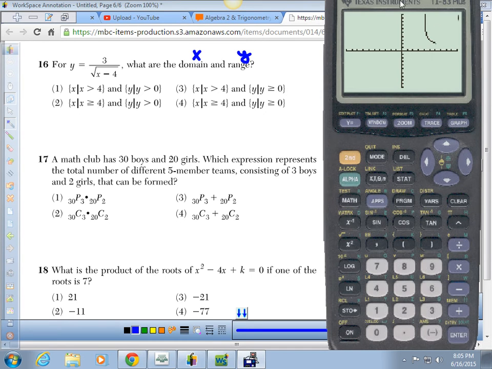Okay, so as we keep tracing on this here, notice there are no y values over here when x is 0. Keep moving over, and I don't get my first y value until x is greater than what? Until x is greater than 4. Okay? So, look at these. Do they all have x is greater than or equal to 4? Okay, so that's going to eliminate 2 of my choices. Can x be 4? Why not, Carolyn? Explain.